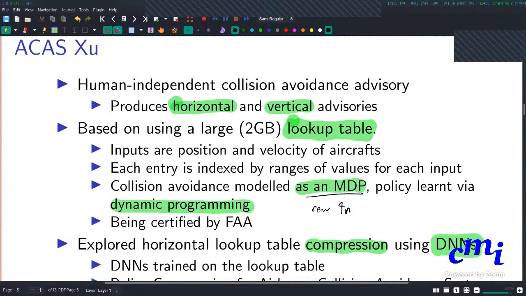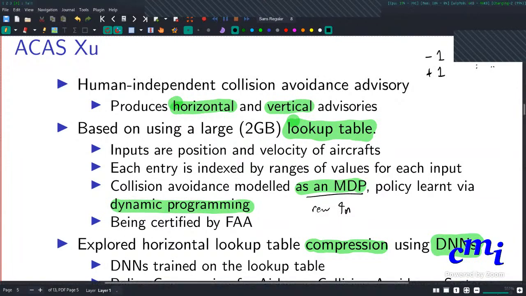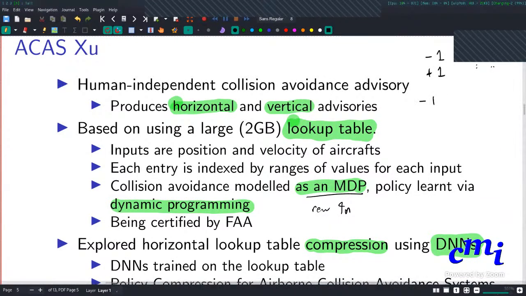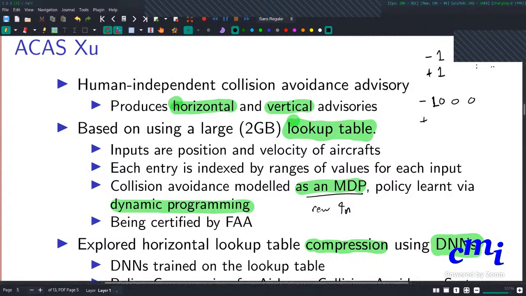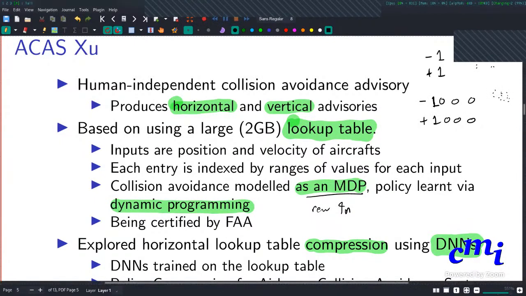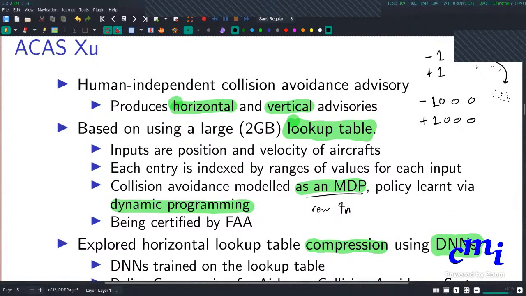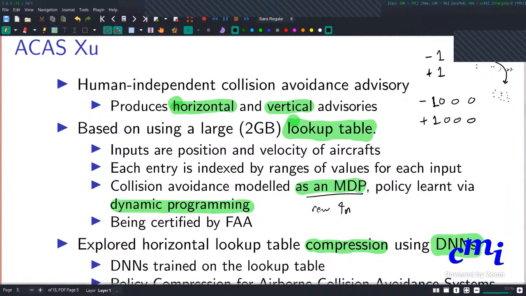If you say that the reward for having a collision is -1 and for not having a collision is +1, then you might get some scores, and you compare and decide based on that. You can also say the reward for having a collision is -1000 and for not having one is +1000. You would again get scores, but likely similar to the previous ones, just multiplied by 1000.